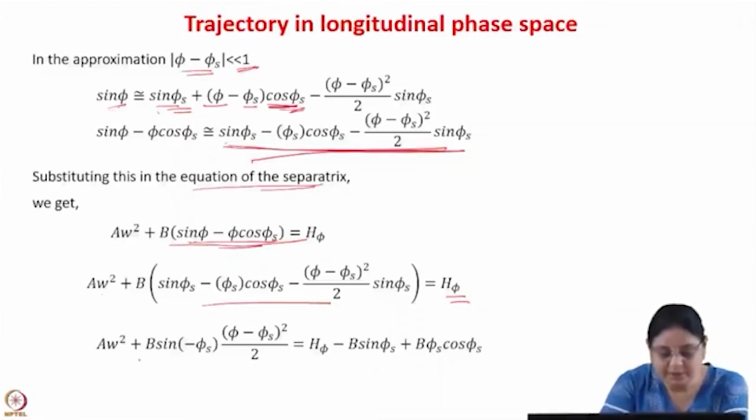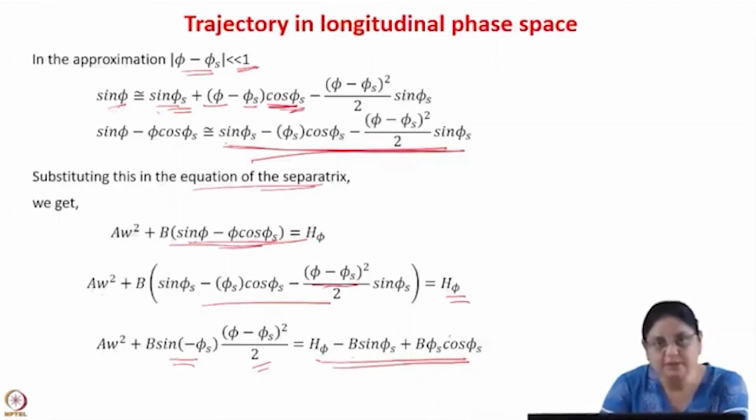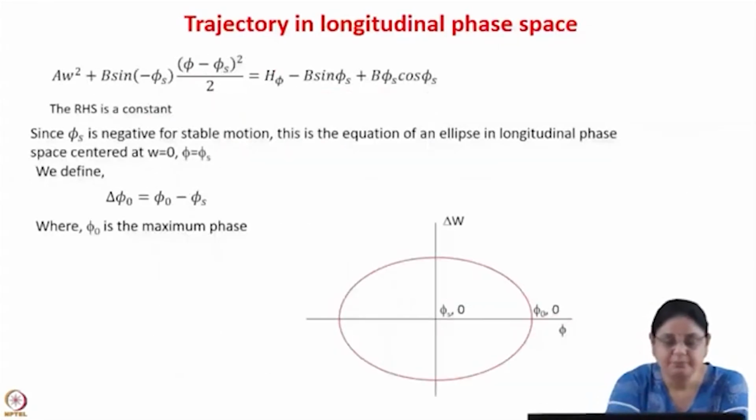So again, some rearrangement. We have A w square plus B sine of minus phi s multiplied by (phi minus phi s) square by 2 is equal to H phi, minus sine phi s plus B phi s cos phi s. So these are all constants, so we've taken this on the right hand side.